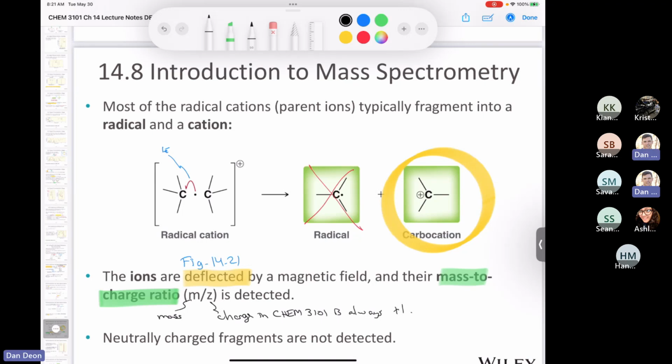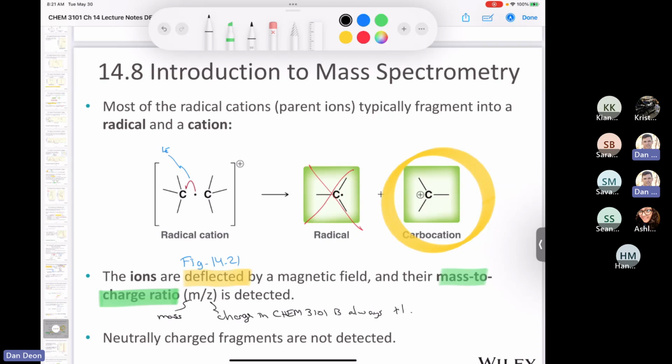The Z is always going to be +1. So you just divide the mass by +1. Could you have a charge of +2 and stuff like that? Yes, it's never looked at in this class. Mr. Geiger wouldn't cover it in the lab either, so don't stress about it one bit.